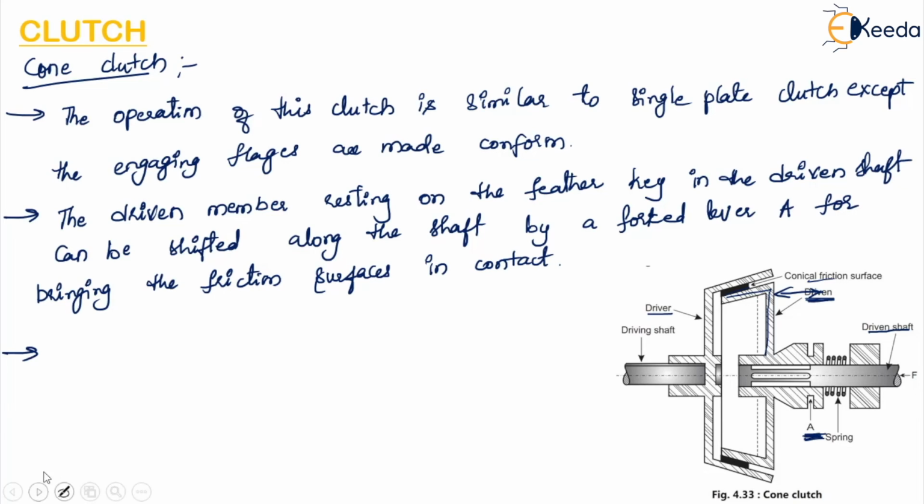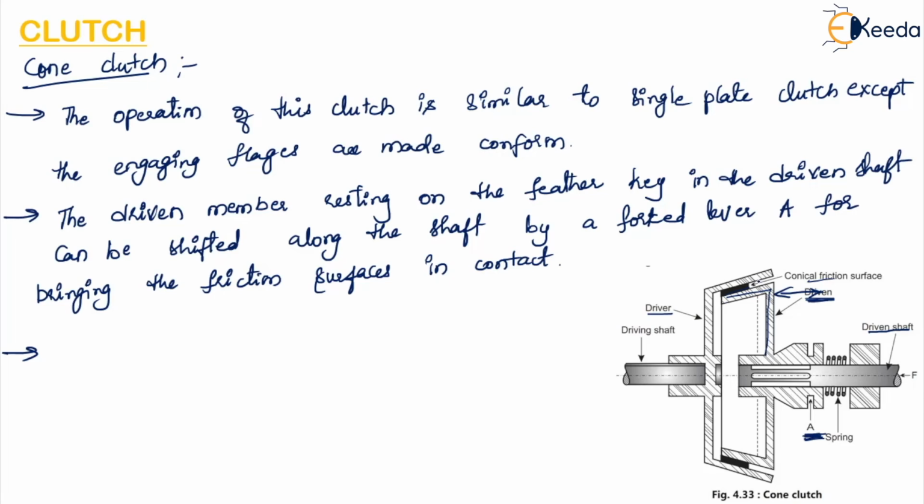The torque is transmitted from the driving shaft to the driven shaft due to the frictional resistance set up at the contact surface. So here frictional resistance is set up at this contact surface.